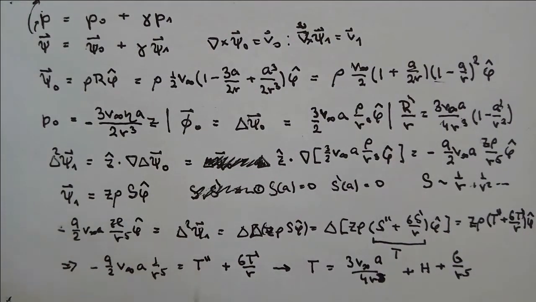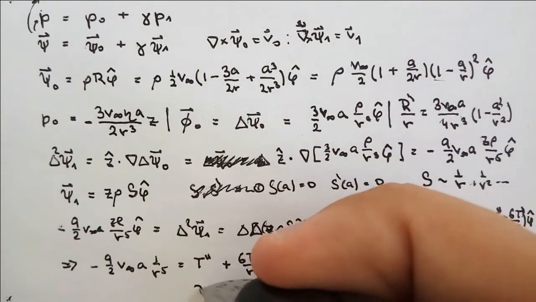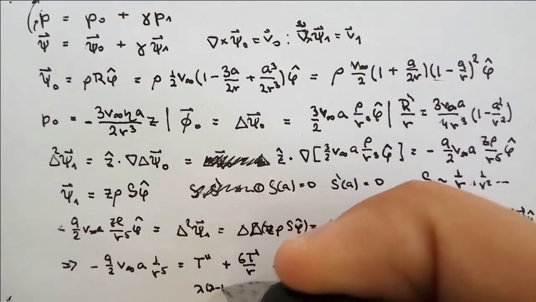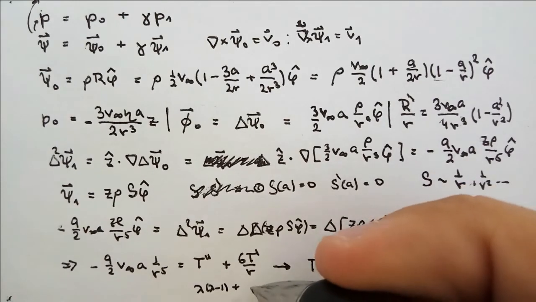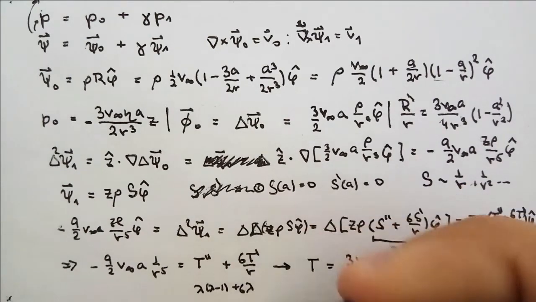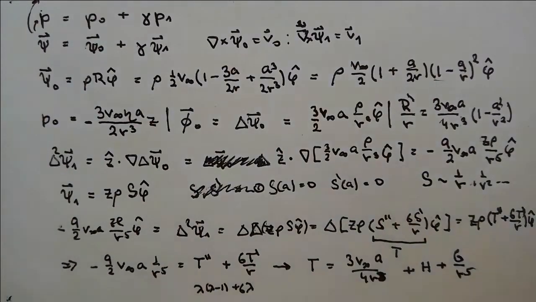Why? Because as you see, this is an Euler equation. The characteristic polynomial is lambda squared plus 5 lambda, because it is 6 lambda. So the solutions are 0 and minus 5 for lambda, so it's r to the 0th power, which is constant, and r to the minus 5th power.